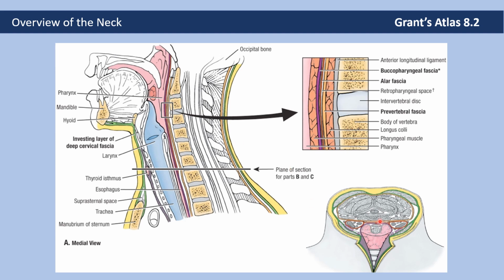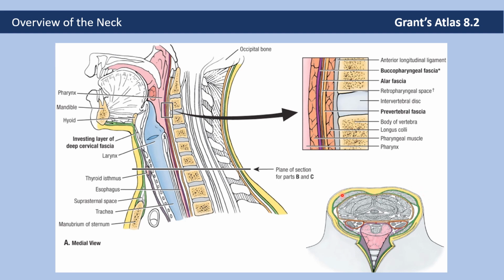The retropharyngeal space is between these layers of fascia located in the neck and represents a clinically important area for the passage of infection, for instance. So the neck can be divided. It is encapsulated in these different layers of fascia.